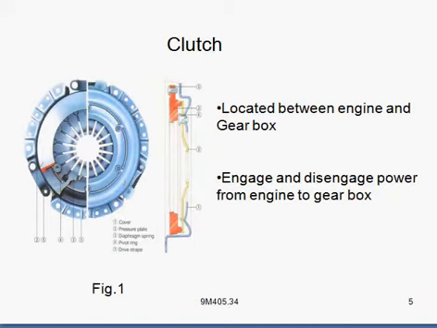The first element of the transmission system is the clutch. This clutch is connected between the engine flywheel and the gearbox. It is used to engage or disengage the power from the engine to the gearbox. When the vehicle is moving, the power must be transferred to the driving wheels gradually.